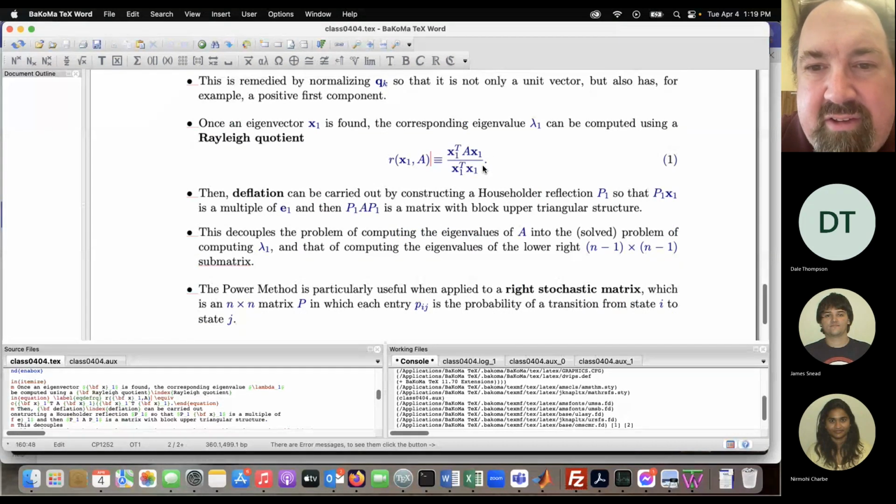Although that's not really the best way to find all the eigenvalues.